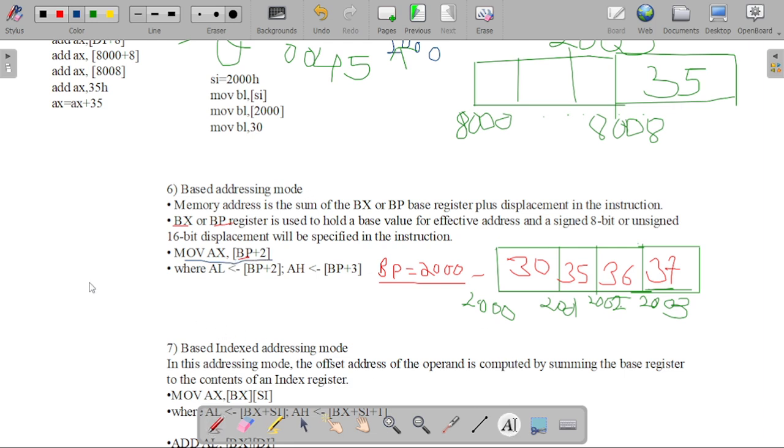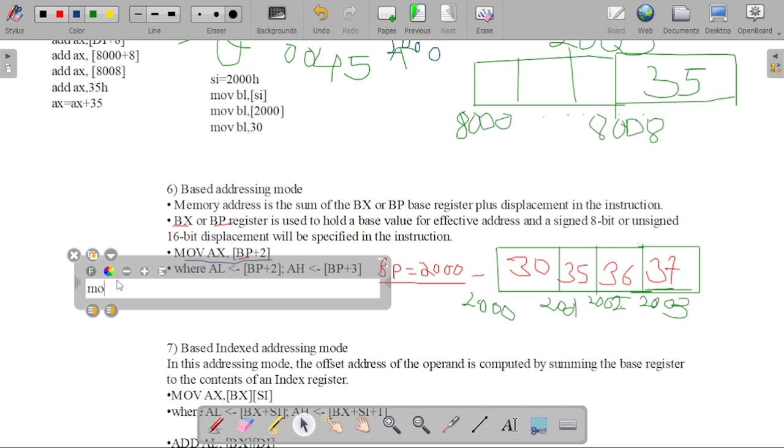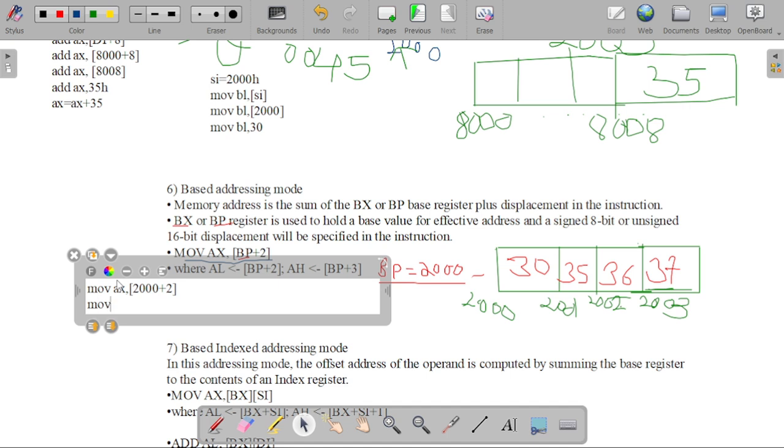Whenever I write this instruction, MOV AX, [BP plus 2], you can consider it as MOV AX, and the value of our base pointer is 2000, plus 2. So I'm writing here MOV AX, 2002.